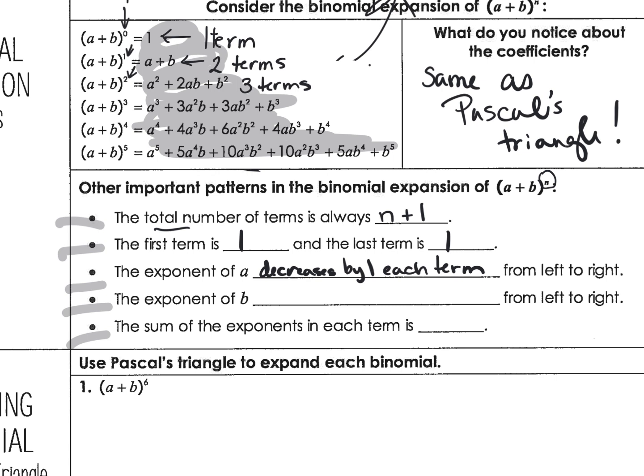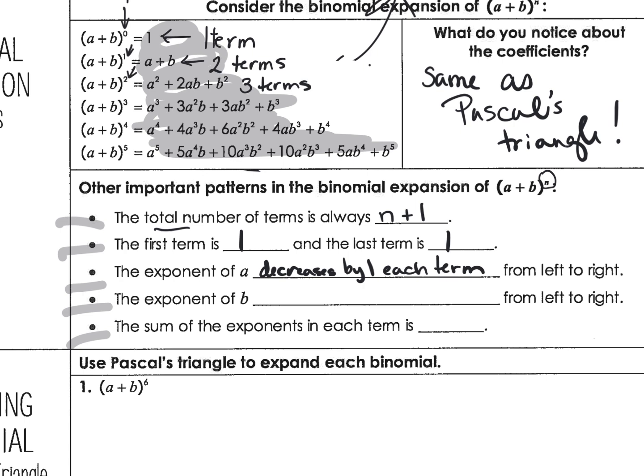Now look at B. What is B doing? It's increasing by how much each term? You see it? Look at this guy. B to the 5th, but there's no B here, so it's B to the 0 right here, okay?